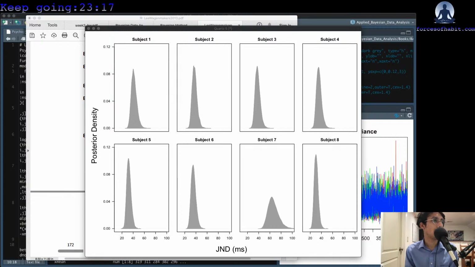So subject 7 is the worst, and subject 2 is really good, if not the best subject. Or subject 5 is the best subject here. It's the closest to the left.